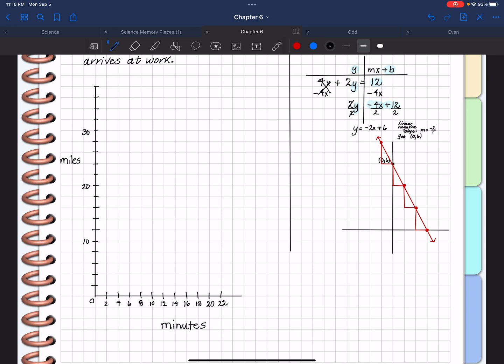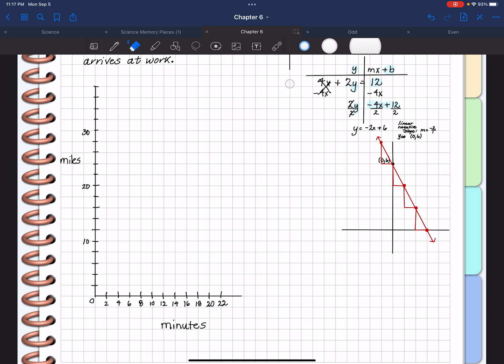And you might be wondering why I haven't labeled each of those tick marks, and you certainly can do that. This is just a habit I developed in school so that I would not get the axes confused. Sometimes if they look exactly the same, I forget which one I'm graphing. So I would make my minutes look one way and my miles look another way, and I could tell the difference. But you certainly do not have to do that.